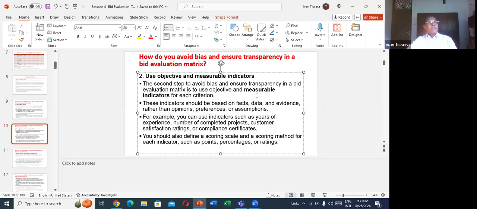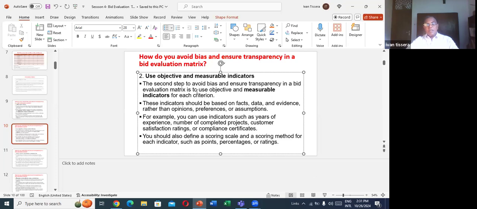For example, better, good, excellent, those are qualitative characteristics. So we cannot evaluate bids using qualitative ones. Those are not measurable, right? But if you define excellent as more than 90%, good as 75 to 90, whatever the way you define, then you can convert qualitative characteristics into a quantitative way.